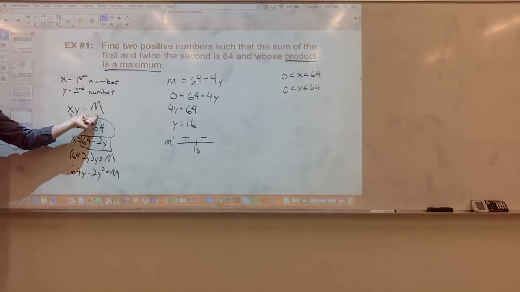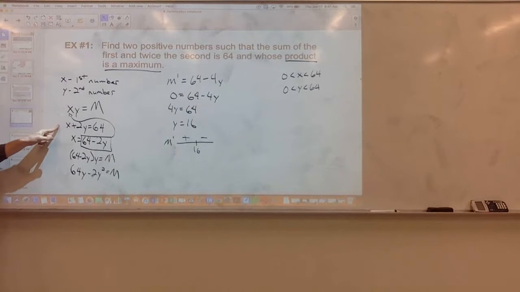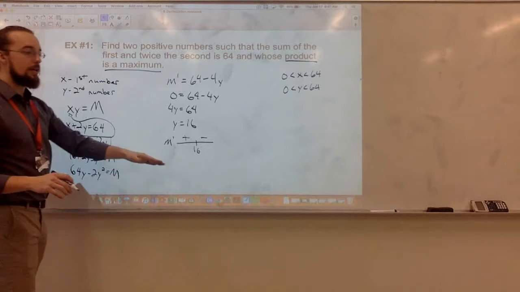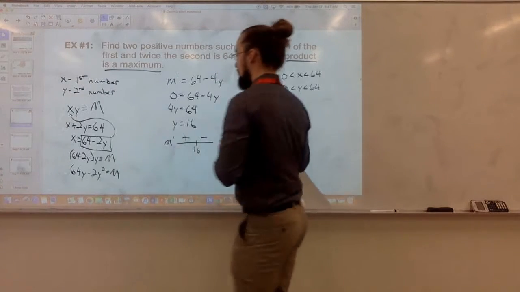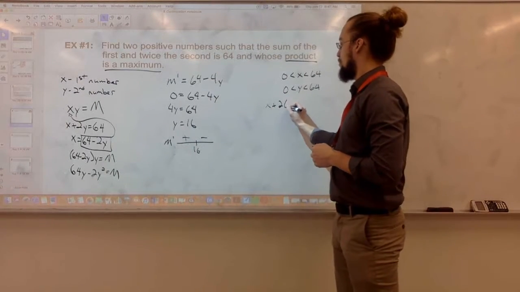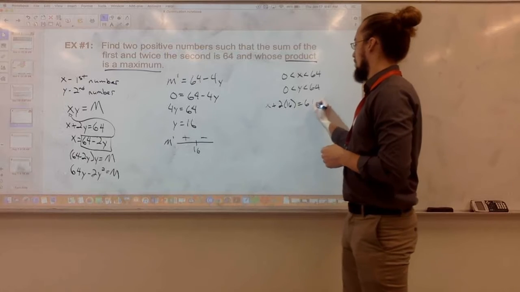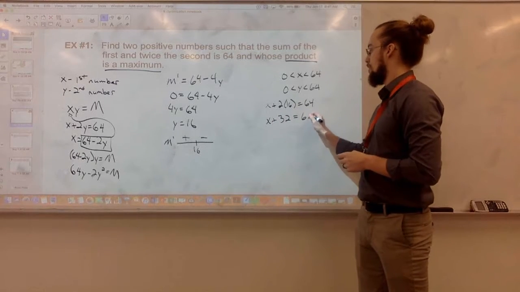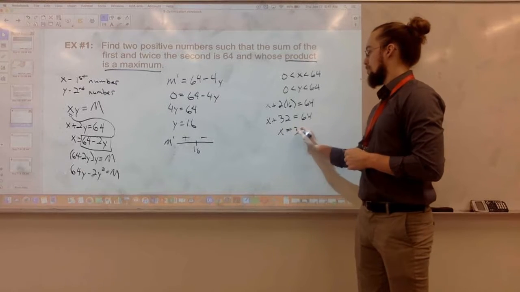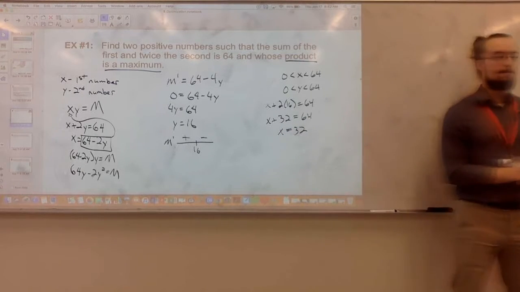I still don't know x or m. But if I plug it into this one, I would only have one unknown, x. So once we have half of our answer, we plug it into the constraint equation. So x plus 2 times 16, x plus 32, so x equals 32.